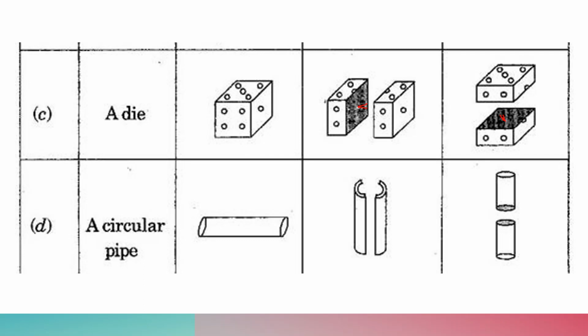For a vertical cut also, we are getting a square. In the case of a circular pipe, if you make the vertical cut, you will find that the surface we get is the shape of a rectangle. Same way, if you take the horizontal cut, you will get a circle.